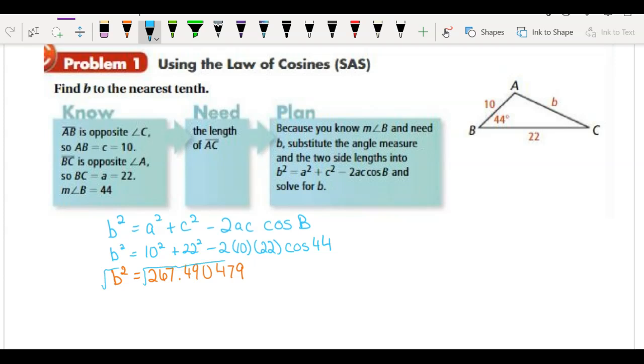When we take the square root, b is approximately equal to 16.4. I have a confession to make. When I first worked this, I was like, 267, there's no way that's right, and I had forgotten to take the square root. That is one key thing you need to be careful of.